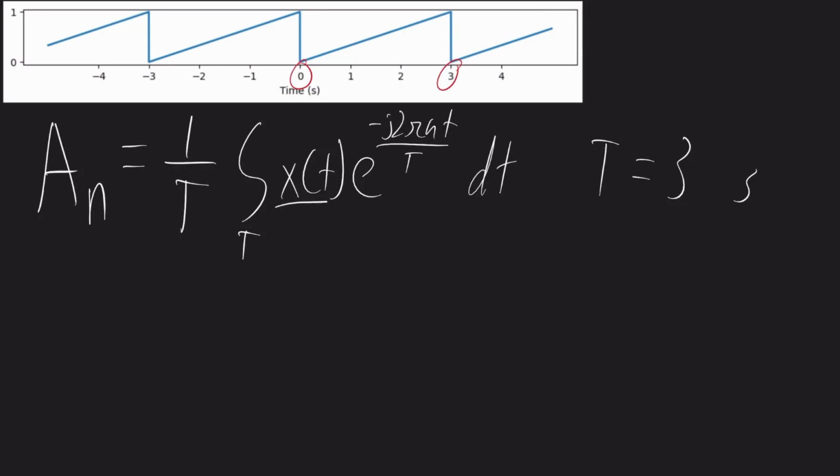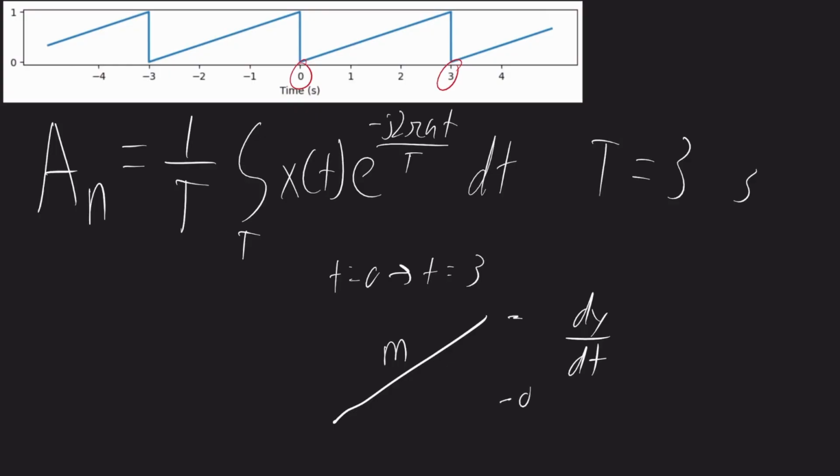Next, we need to determine what x of t actually is during the interval t equals 0 to t equals 3. Well, x of t is just going to be a line that has a slope, and the slope is going to be dy over dt. It changes in height from 0 to 1, so dy will be 1, and it changes in time from 0 to 3, so dt is going to be 3, so the slope is going to be 1/3.